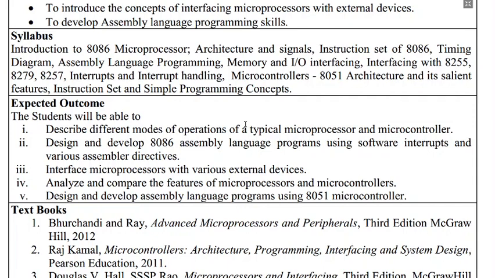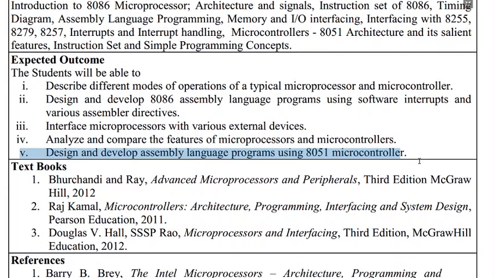Having learned about 8086 and 8051, you will be able to choose, in future, a particular microcontroller or processor available in the market for solving any problem that you have. Then you will be able to design and develop programs for 8086 and 8051 microcontroller. These are the expected course outcomes.